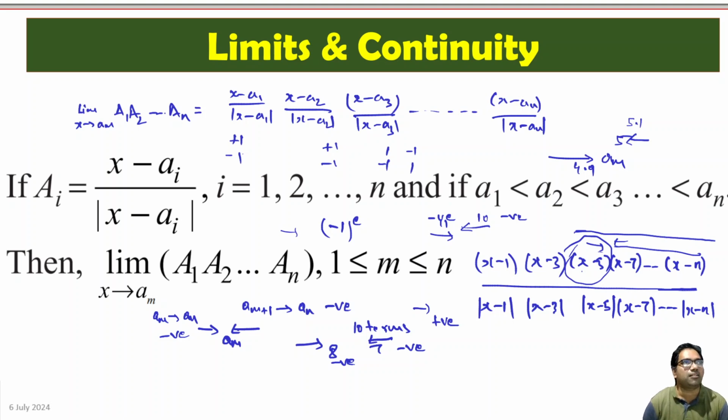So both side limits are not matching: one is 1, another is minus 1. So this limit never exists. Limit doesn't exist. That is the correct answer. Right, guys? Thank you.